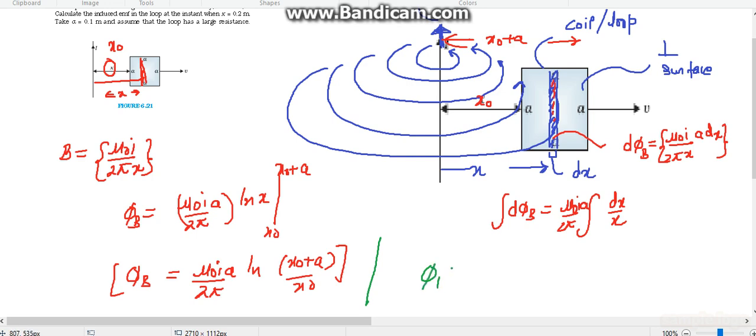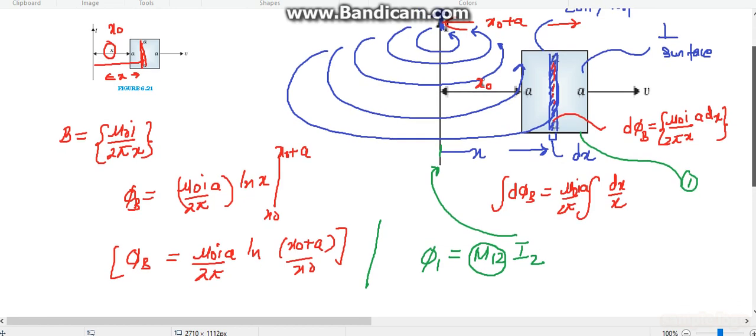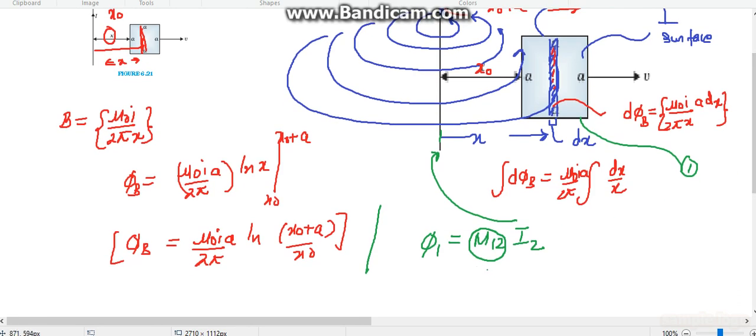Now we know the relationship between the flux and the mutual inductance. We write phi 1 is equal to M12 I2, where I2 is the current flowing through this wire, and the flux between 1 and 2 is given by this relationship.